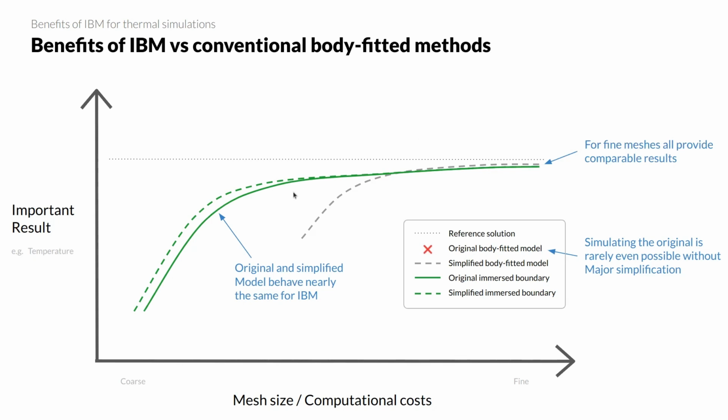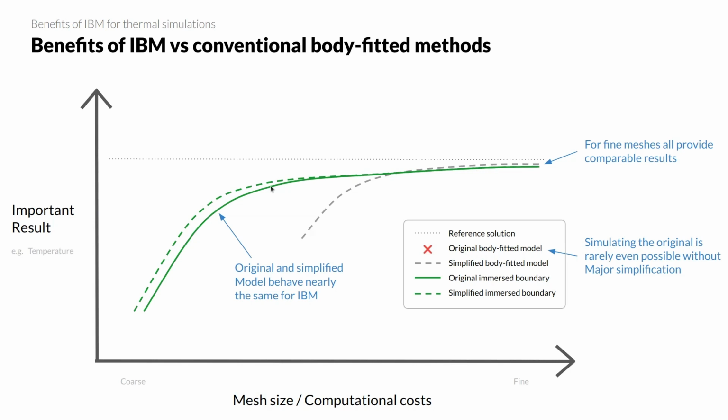Additionally, it's quite helpful that even though obviously for very coarse resolutions we will not reach the same accuracy as for fine simulations, also for the IBM method, in the end, for very accurate or very high resolution meshes, all of these simulations will lead to very similar or the same results.